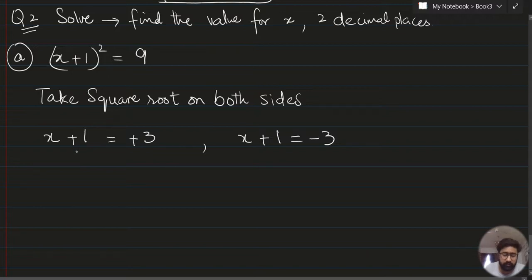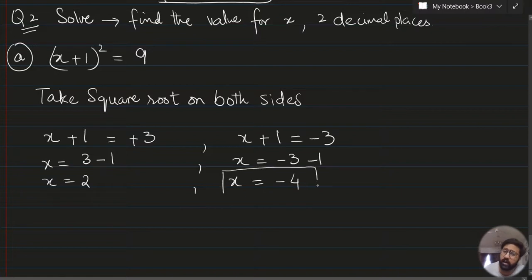So let's move ahead, simplify it, and find out the value of x. So 3 minus 1 is going to give you plus 2, and x is equal to minus 3 minus 1, and x is equal to minus 4. So these are the two values of x which are going to satisfy the above given equation.